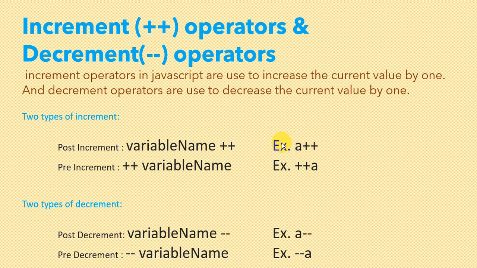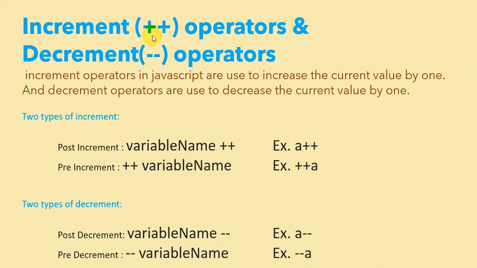So see the difference. This is called post because the symbol is coming after the variable, and this is called pre because the symbol is before the variable name. Getting it, student?